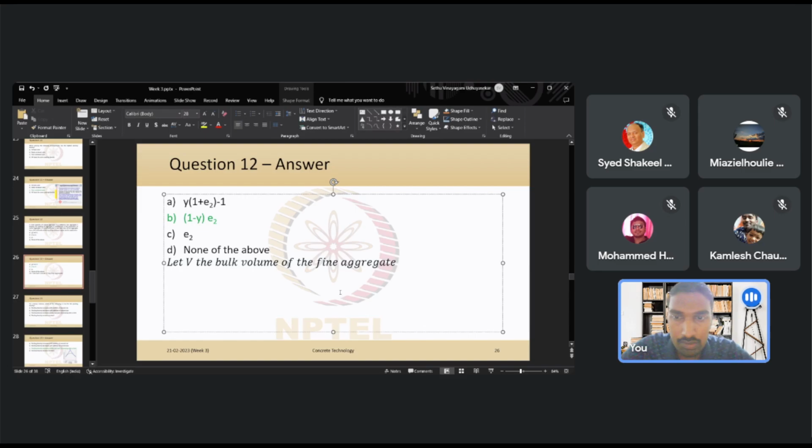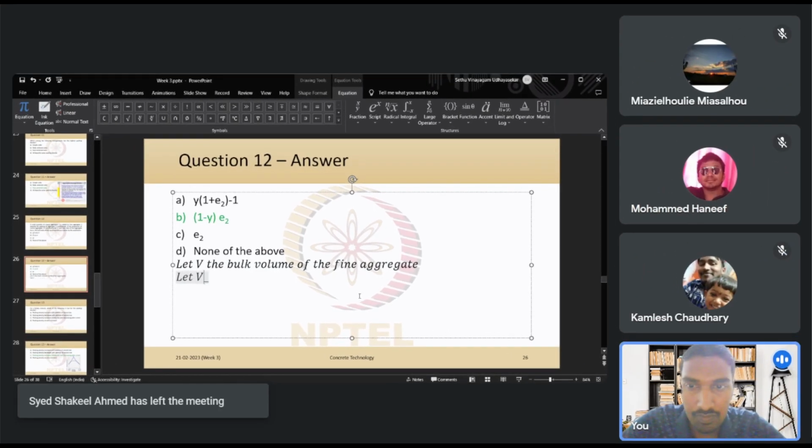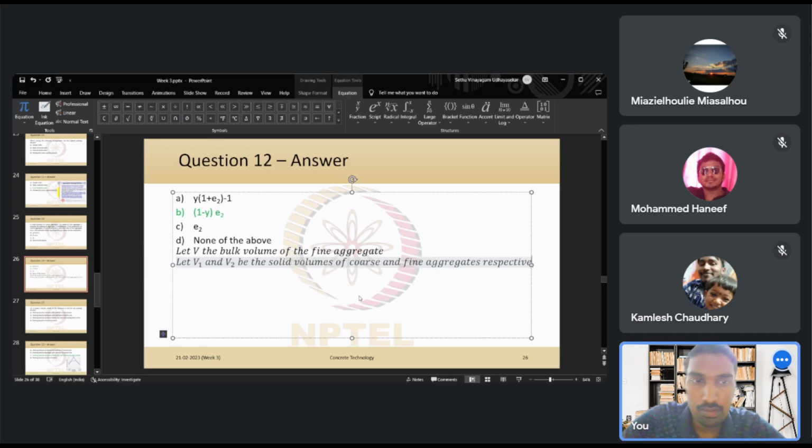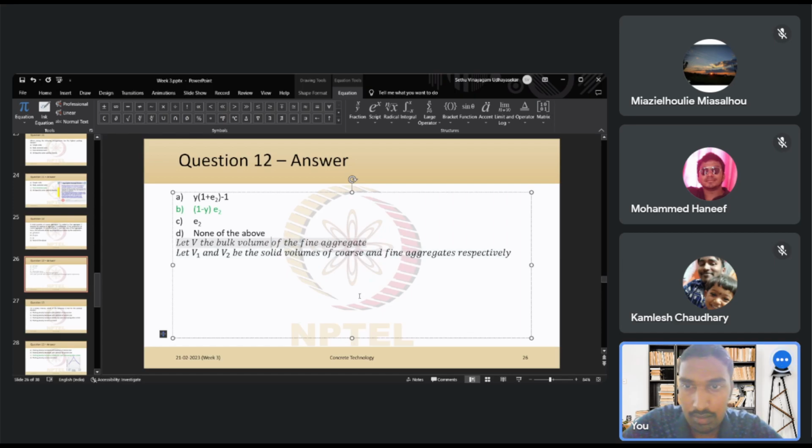And let us also assume that small V1 and V2 are the solid volumes of coarse and fine aggregates. Okay, just defining some terms. So V is the bulk volume of the fine aggregate, and V1 and V2 are the solid volumes for the coarse and the fine aggregates.